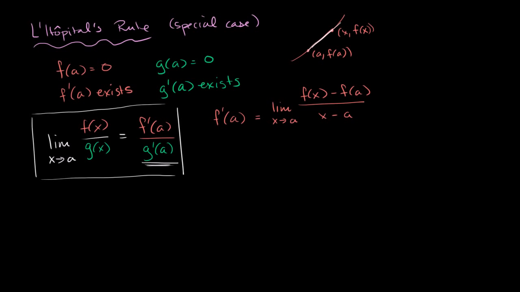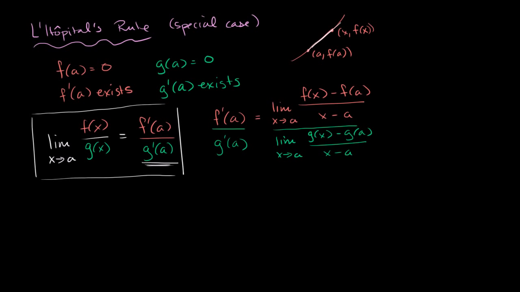So this is just another way of writing the definition of the derivative. So that's fine. Let's do the same thing for g prime of a. So f prime of a over g prime of a is going to be this business, which is in orange, f prime of a over g prime of a, which we can write as the limit as x approaches a of g of x minus g of a over x minus a. Well, in the numerator, we're taking the limit as x approaches a, and in the denominator, we're taking the limit as x approaches a.